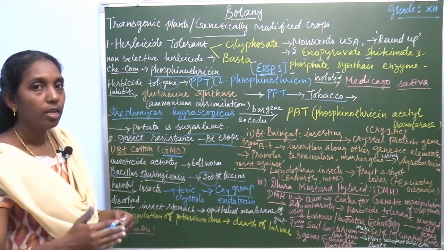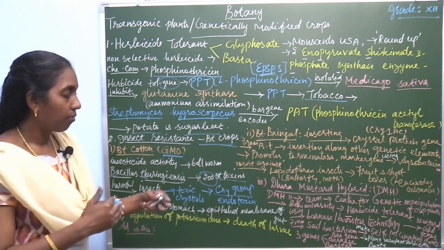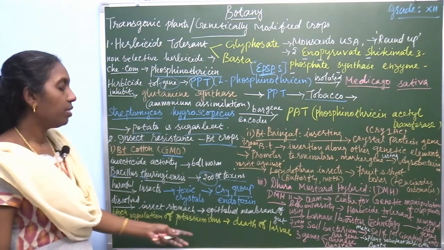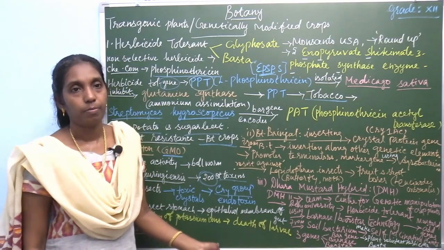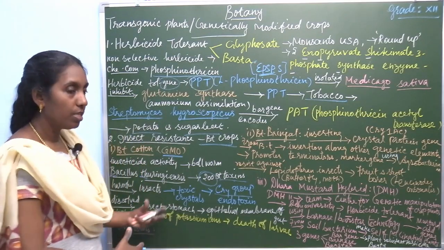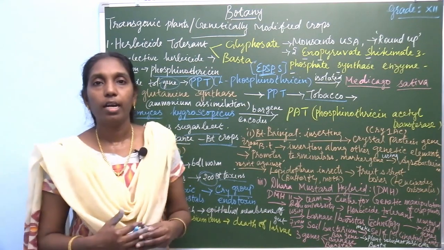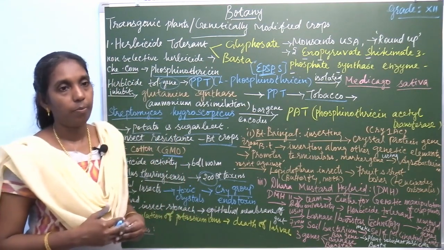It leads to death of the larva, because of blocking the regulation of potassium ions. So what are the advantages of the Bt cotton plant?